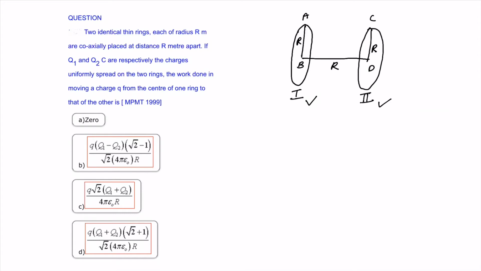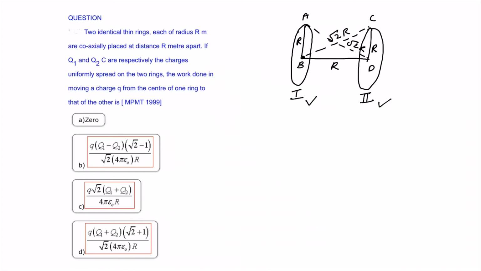Both have radius r. The centers of these rings are separated by a distance capital R. Now the center of the first ring is at a distance BC, right, from the circumference of the second ring, and that will be root 2r. You will get it by the Pythagoras theorem. And the center of the second ring is at a distance root 2r from the circumference of the first ring.